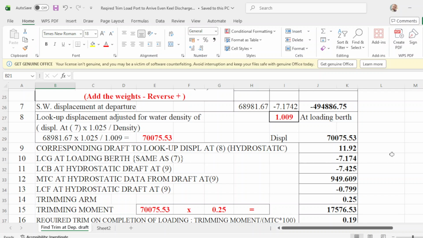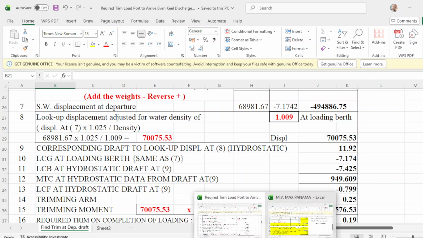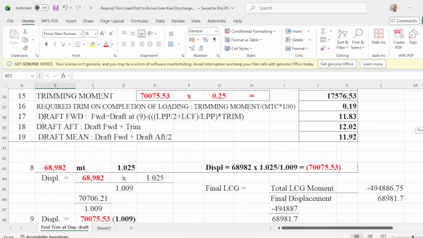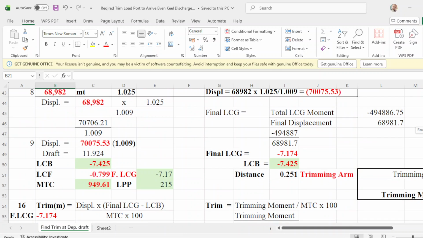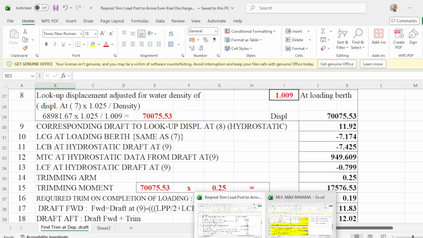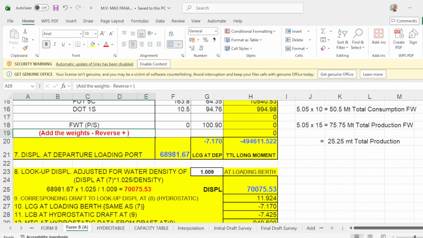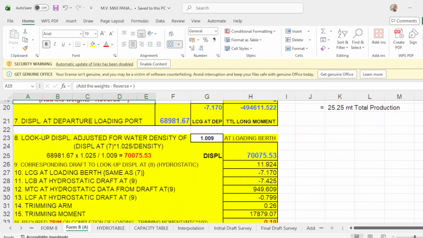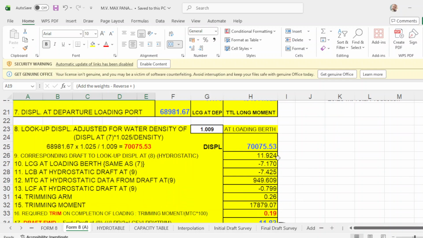Then we go to number 9. What is the corresponding draft here? It should be 9.24, that would be 11.92, and the program is 11.92. How did I get this draft here? So we go to the hydrostatic table.